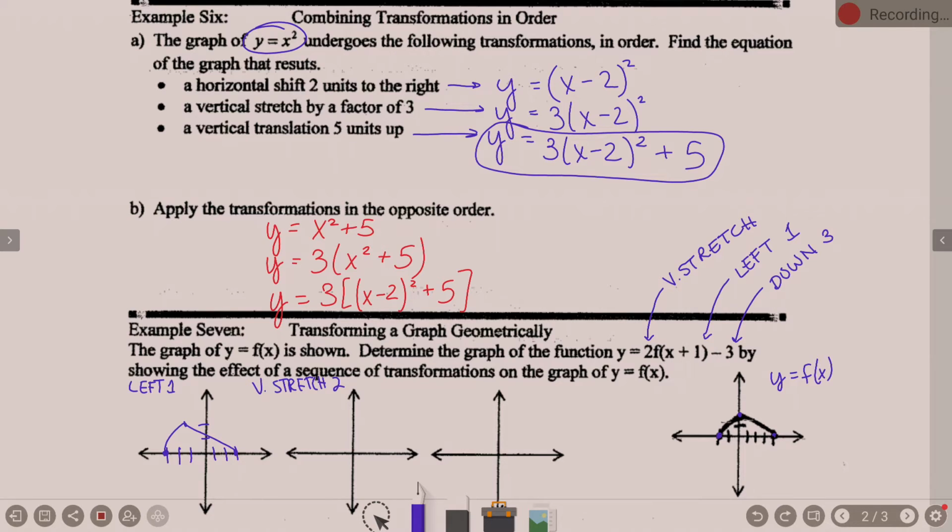So these numbers that are already on the x-axis stay. This number over here that is 2 up, if you stretch that by a factor of 2, 2 times 2 means this is now going to be 4 up. And then the final piece would be taking it down 3.